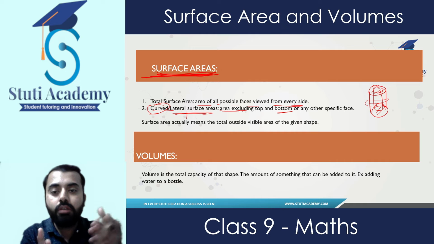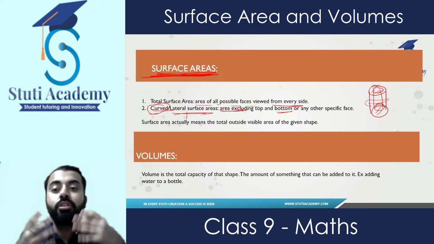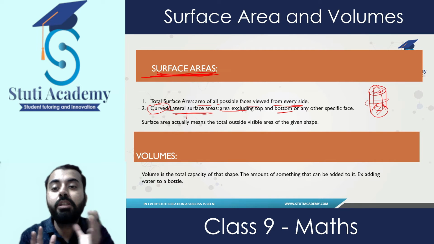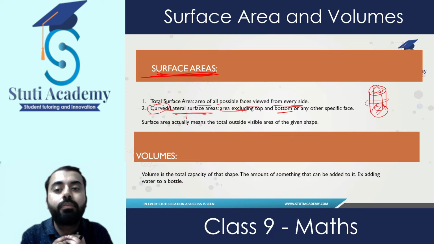The chapter surface area and volume is the same in your class 10, and there is another chapter based on this, but it is a bit advanced. So remember this, if you don't learn it here, you will face problems. I remind you, understand each and everything. I will be explaining how each formula is derived, so don't worry, you don't have to learn anything. You have to understand everything. Right?